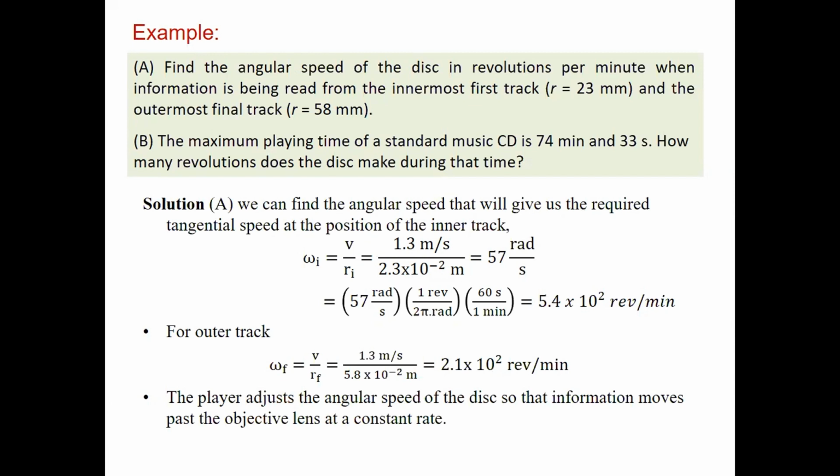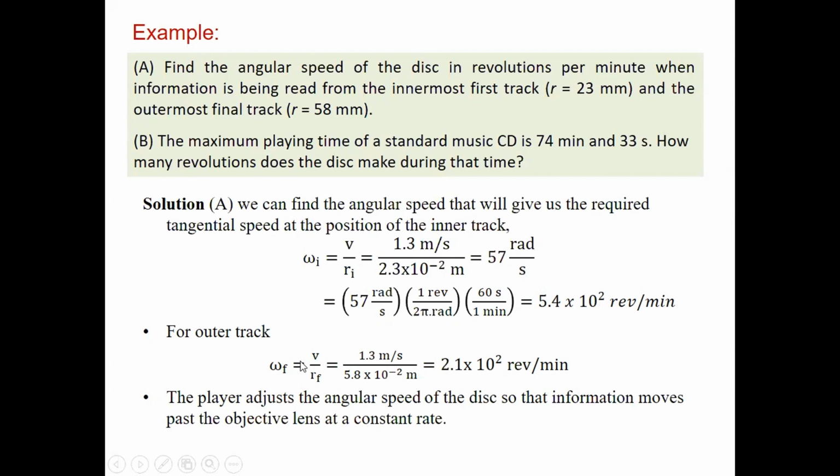So millimeters have been converted, and we get the answer as 57 radians per second. We can convert the radians into revolutions, one revolution per 2 pi radians, and 60 seconds in a minute. Therefore, the answer is 5.4 times 10 to the power 2 revolutions per minute.